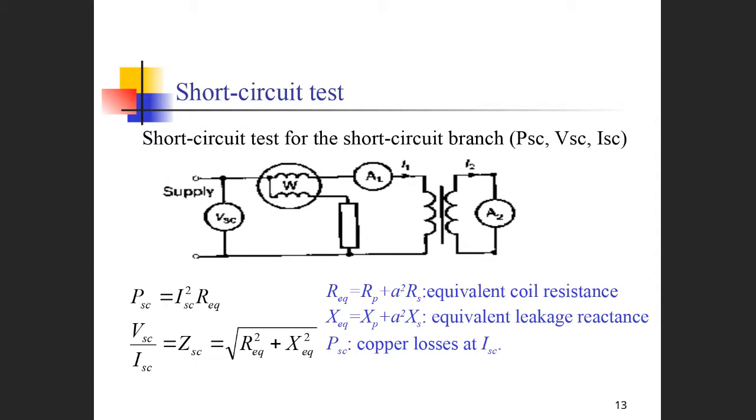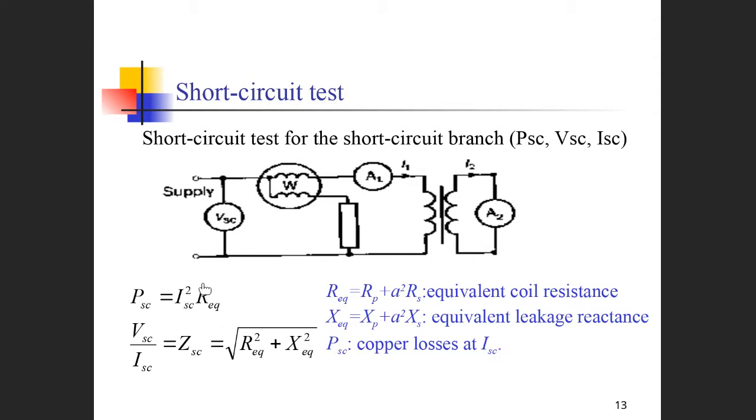Of course, at the beginning, you make the voltage zero, then gradually increase the voltage from 0 up to certain levels, generally 5 to 10% of the rating voltage, so that the input current is the rating current. Then you get the full load copper losses of the transformer.